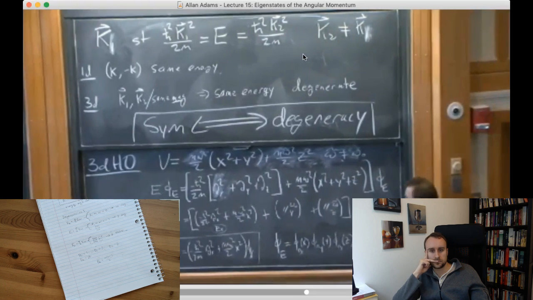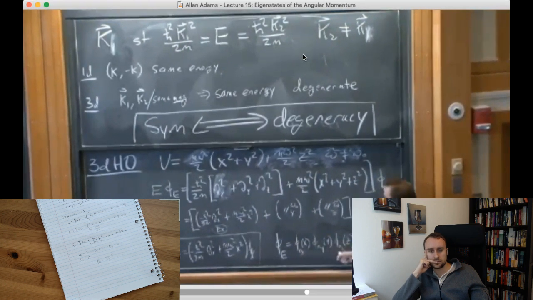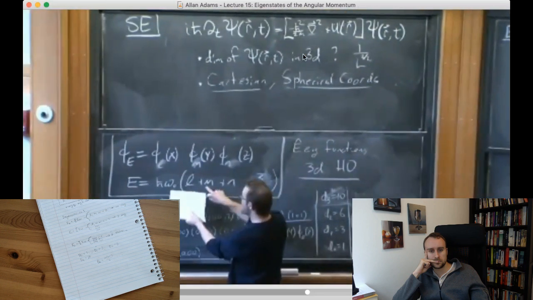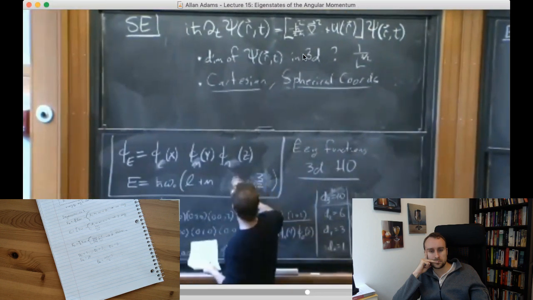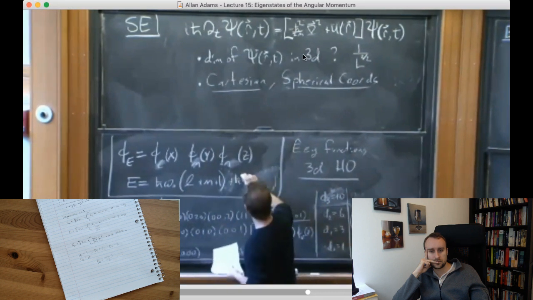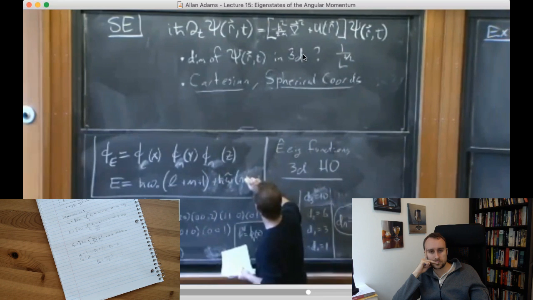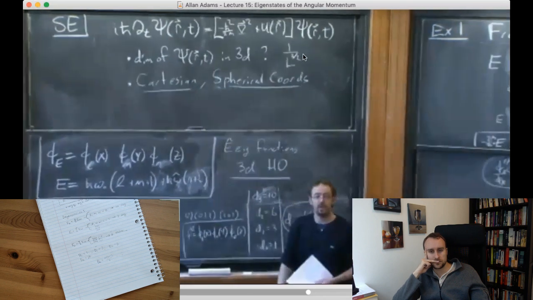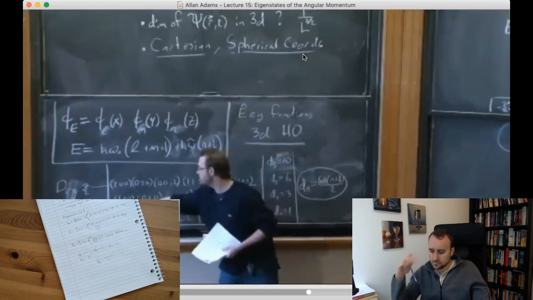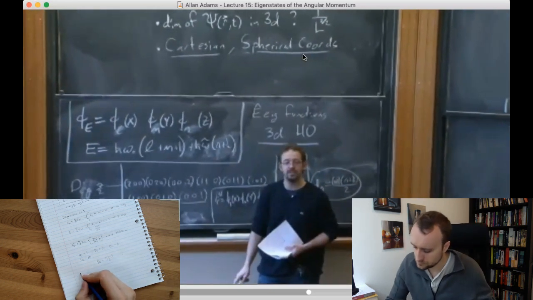Exactly the same argument goes through, but the energy now has a different form: h bar omega naught times (L plus M plus 1), plus from the z part, h bar omega tilde times (n plus 1/2). Now these degeneracies are going to be broken, because this state will not have the same energy as this one here.